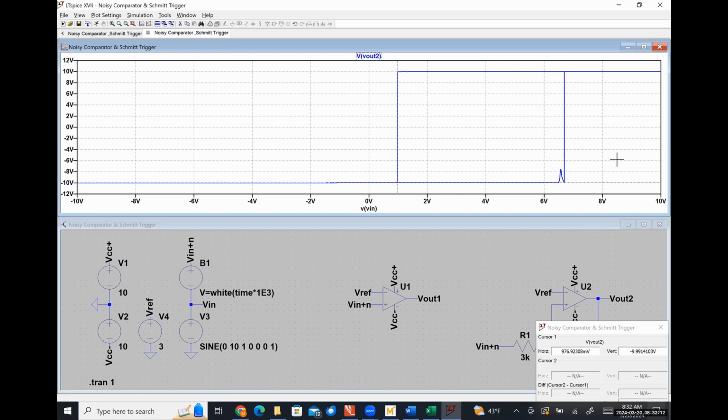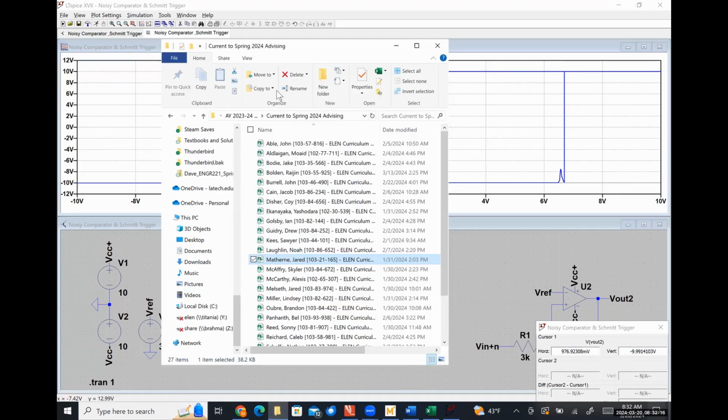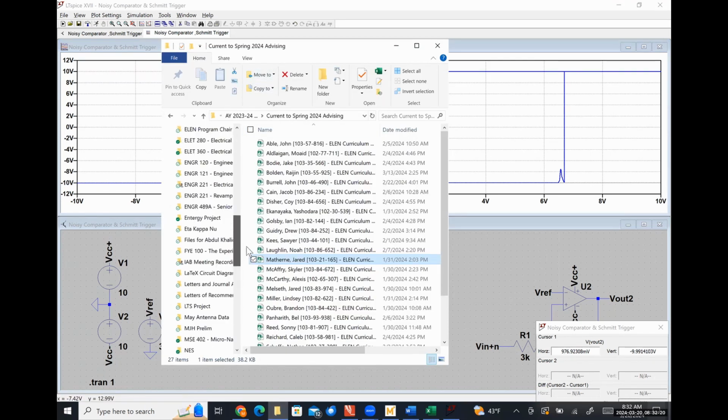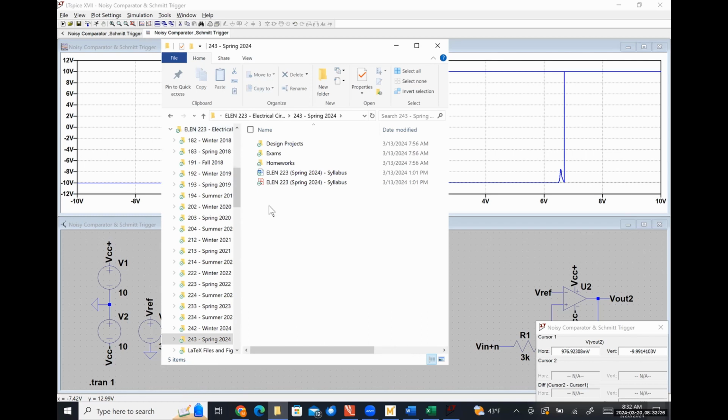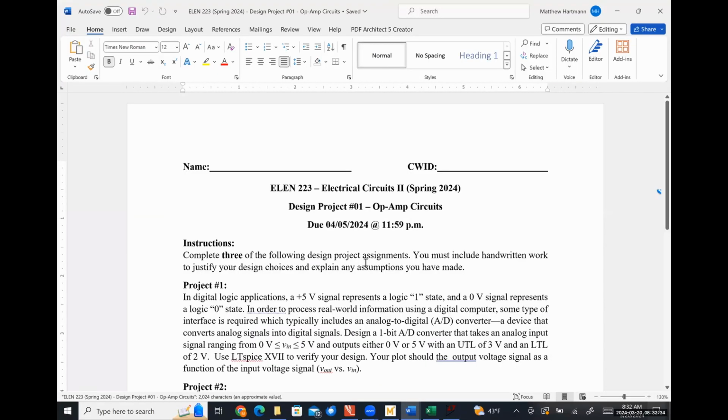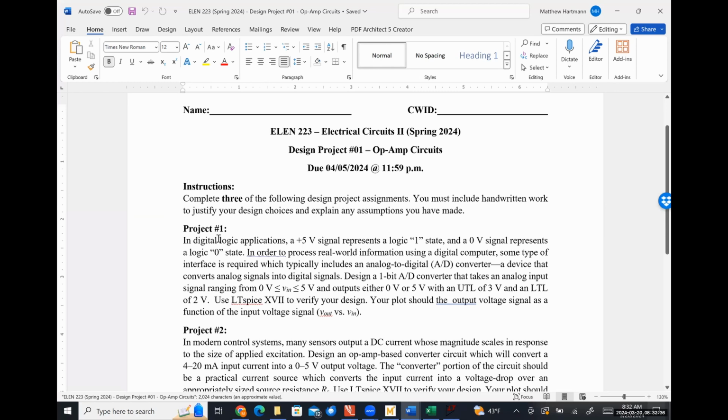So if we look at that design prompt really quickly, pull it up here. It is literally the first one.